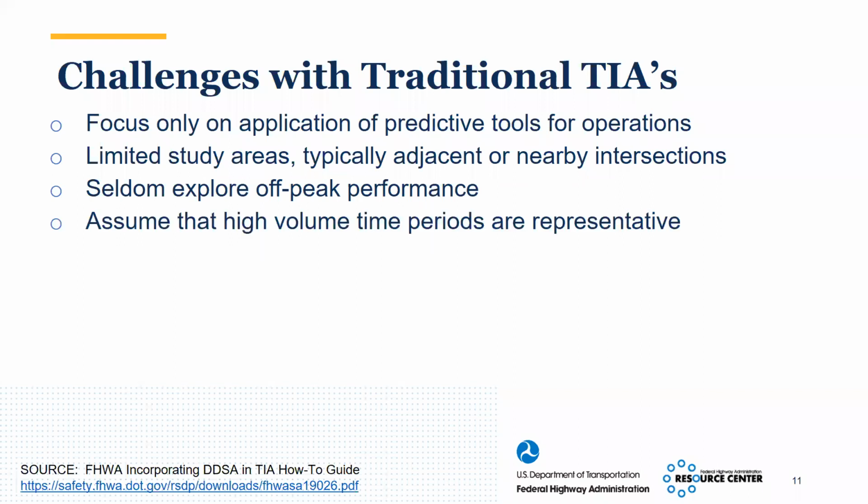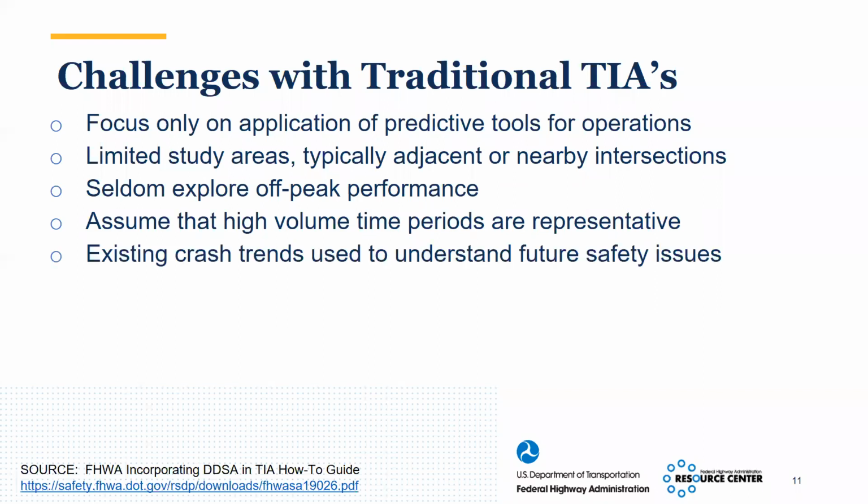Seldom do you see that. And one of the operative assumptions is that the high volume time periods are the time periods that we should be talking about, that they are representative of the problems and the challenges facing our study areas. Is that always true?